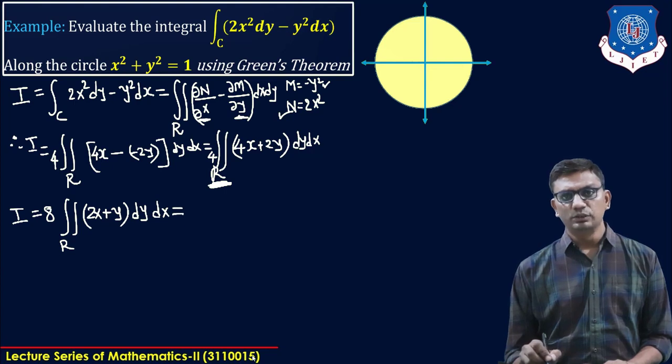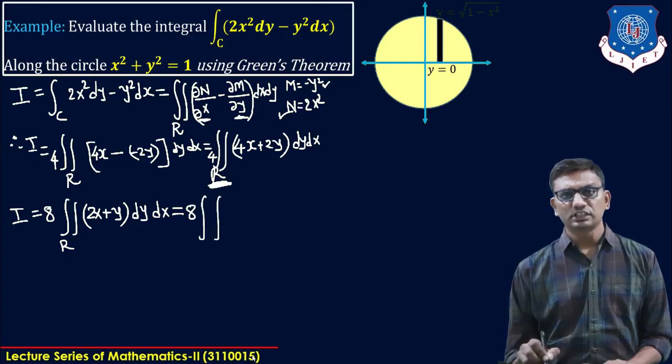Now the first integration limit is y equal to 0 to under root 1 minus x square. That means 8 times the integration with the inner limit 0 to under root 1 minus x square, and our function is 2x plus y dy.